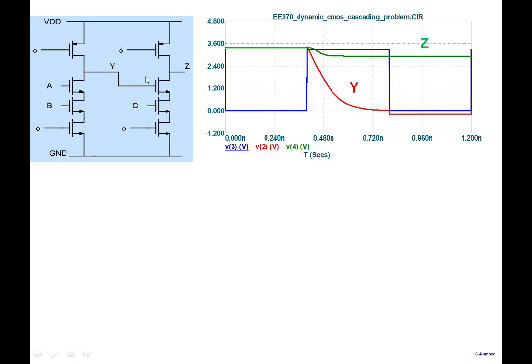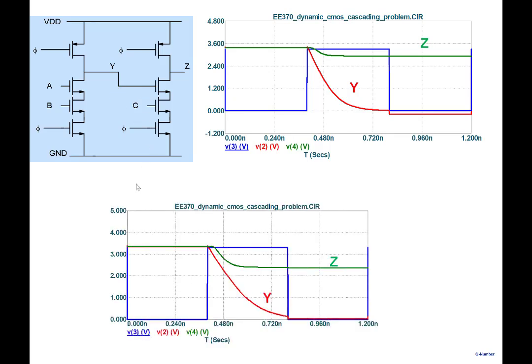And so this Y is going into the next gate, and look, it causes a little bit of discharge of the output here. In this case, it didn't cause too much, but note that in another simulation, where I cause some loading of this particular gate, Y takes more time to go to 0 here, and note what happens to the Z here. Z discharges even more.